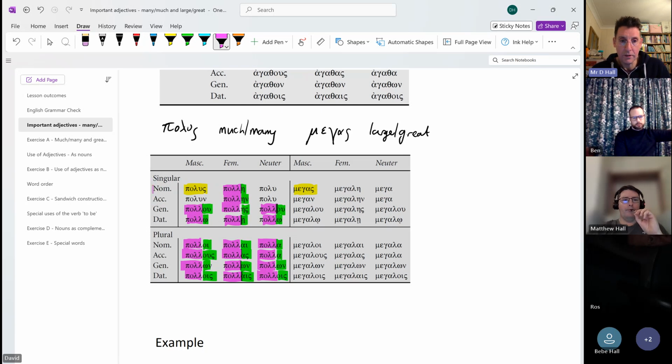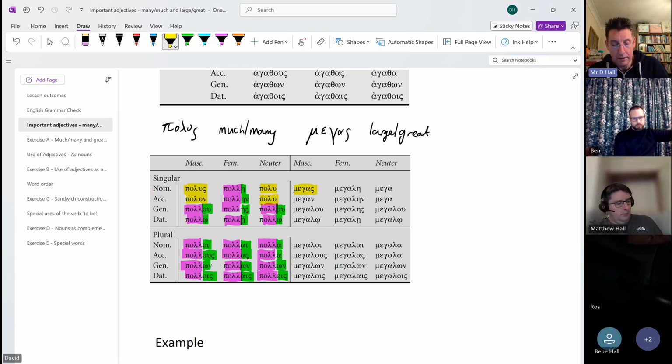So the subject and the object of a sentence in either the masculine or the neuter has these slightly irregular forms where one lambda is dropped, and we have polus, polun, polu. So actually it's not bad. I don't think it's as bad as it looks perhaps to start with. The key thing to remember here is that the nominative and accusative form for the masculine and neuter is just a bit irregular.